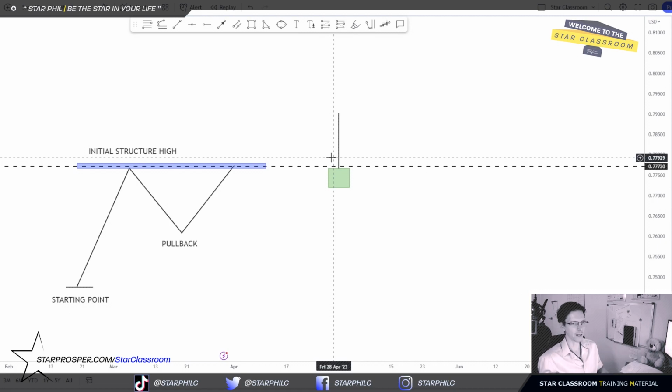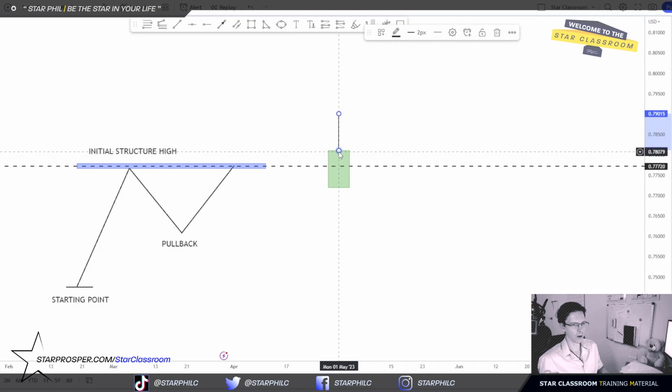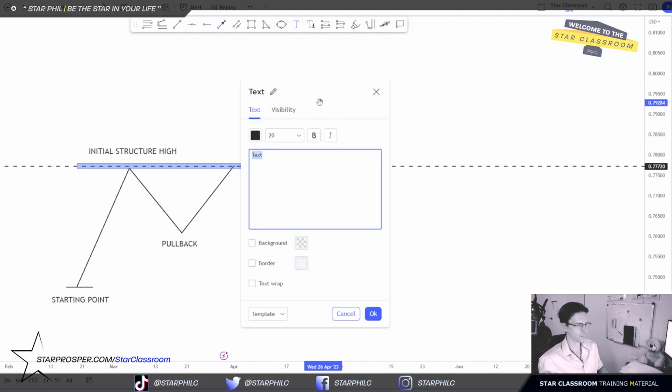We need that right there, a break and close above, higher high, higher close. Need this in order to have a valid bullish trend. Okay, so that's how we identify a break and close above right here.